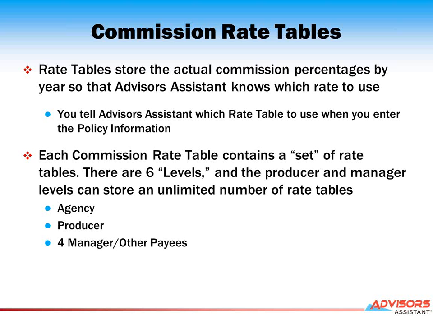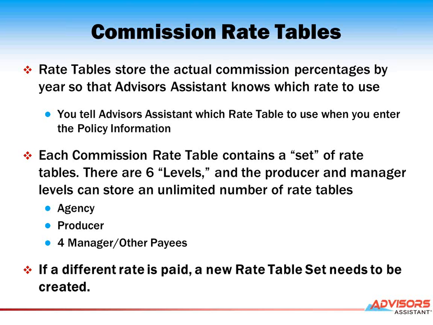So one rate table can have an unlimited number of levels within the rate table. And there's a basic rule of thumb when setting up rate tables. If it pays a different rate, you need to set up a different rate table. And we'll come back to that a couple of times.